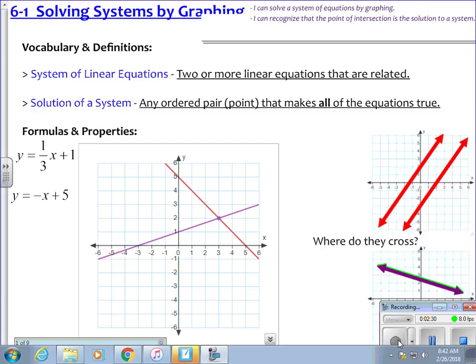What is my solution? My solution is the shared ordered pair. Now, if we look at these 2 equations down here, I have the equation y equals 1/3 x plus 1, and y equals negative x plus 5. This line here is the solutions for that one. Every point on that line is an xy coordinate that makes this equation true.